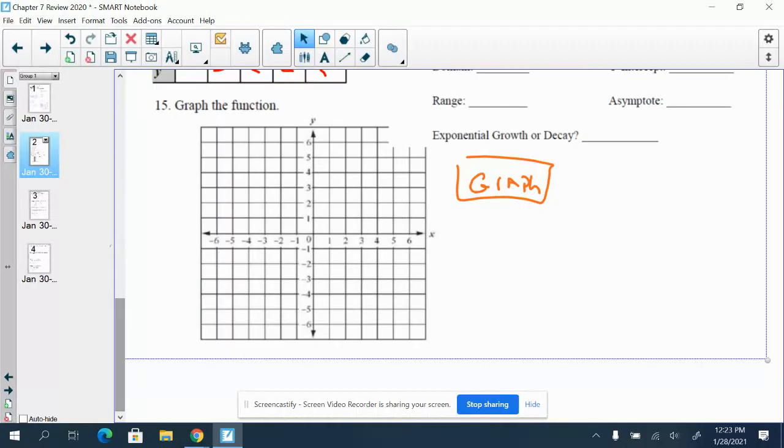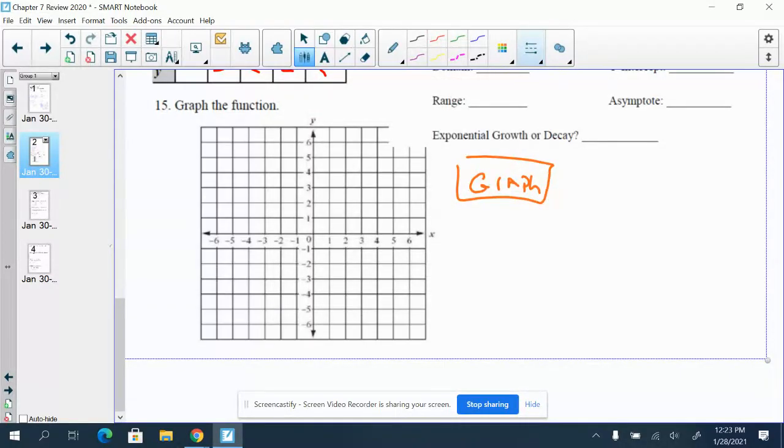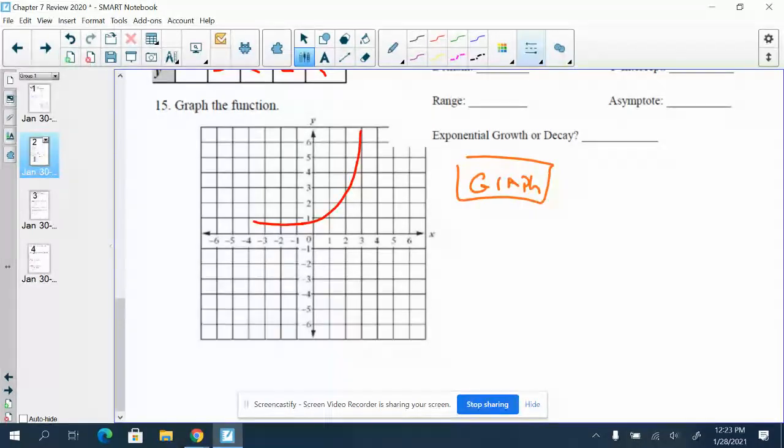So when you hit the graph, what's the graph look like? You don't have to be exact, but you want to be close, and it's going to come here and go up like that. Okay? Got that, Emily? Okay.